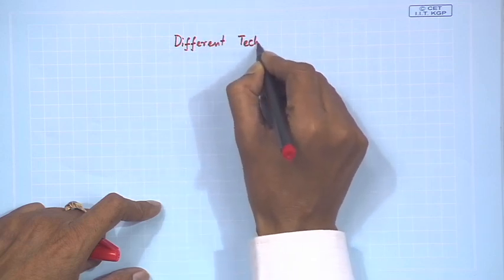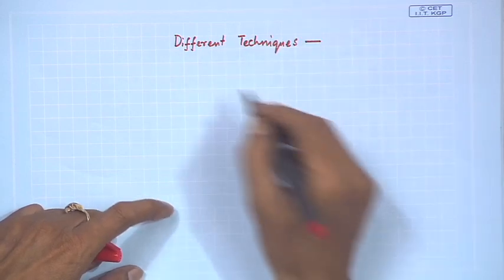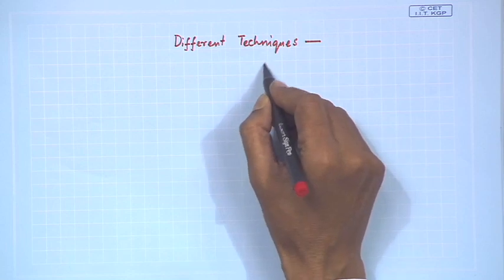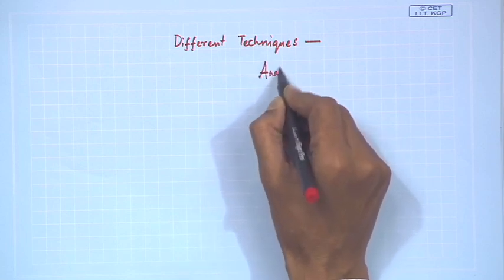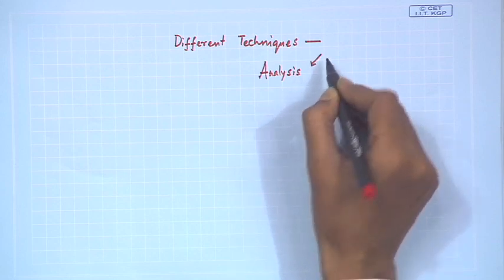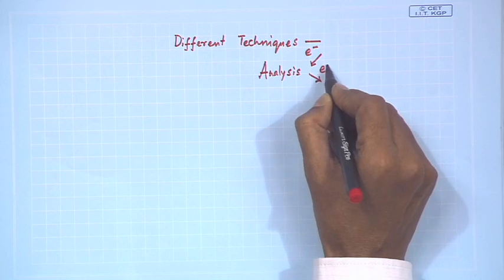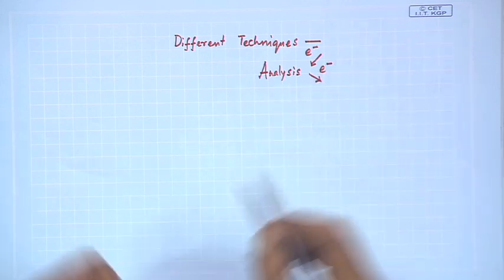So, we were talking about the different techniques which are useful for a particular type of analysis where we can go for oxidation or reduction.